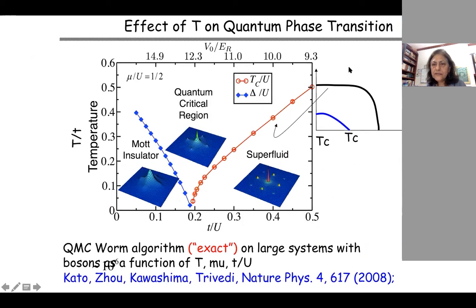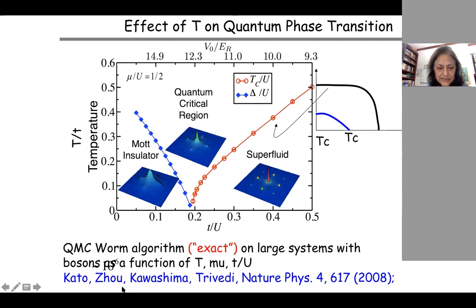These are simulations done using a path integral formulation, but not in real space, not using Feynman paths for the complete basis, but using coherent states. I won't describe that right now, but let's assume there's some quantum Monte Carlo algorithm.